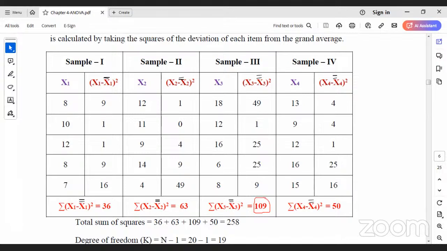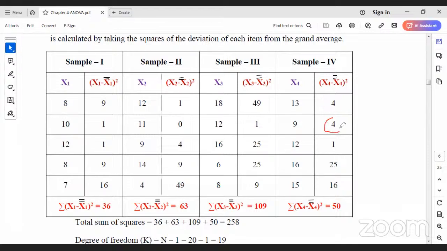Then the next one, sample 4. These we have taken from the question paper itself. x4 minus x double bar whole square. 13 minus 11, how much? 2. 2 square, 4.